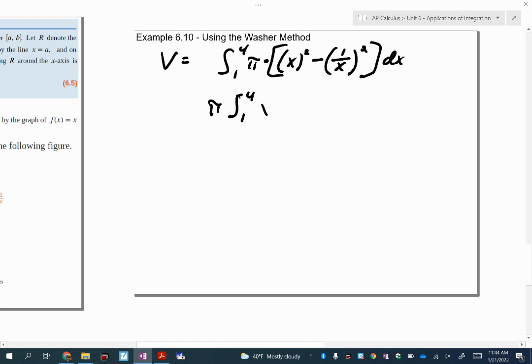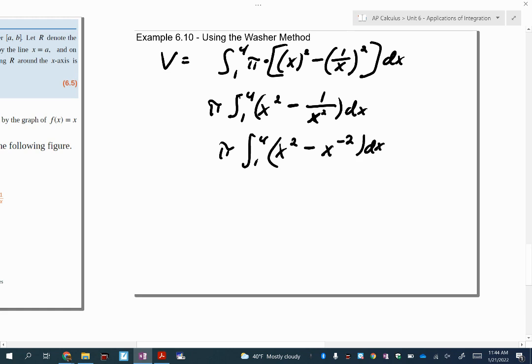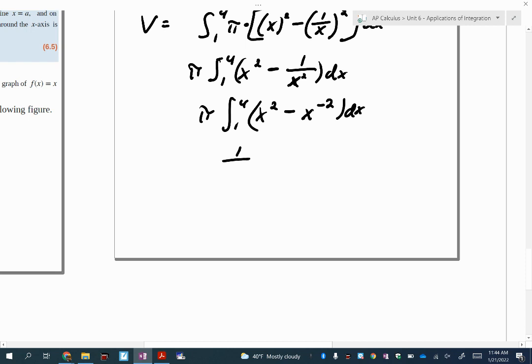Then this is going to give me x squared minus 1 over x squared dx. I'm going to keep rewriting this to be x squared minus x to the negative second power. I think it's just easier for me to integrate. So that's going to be 1/3 x cubed. And then if I add 1, negative 2 plus 1 is actually going to be negative 1.